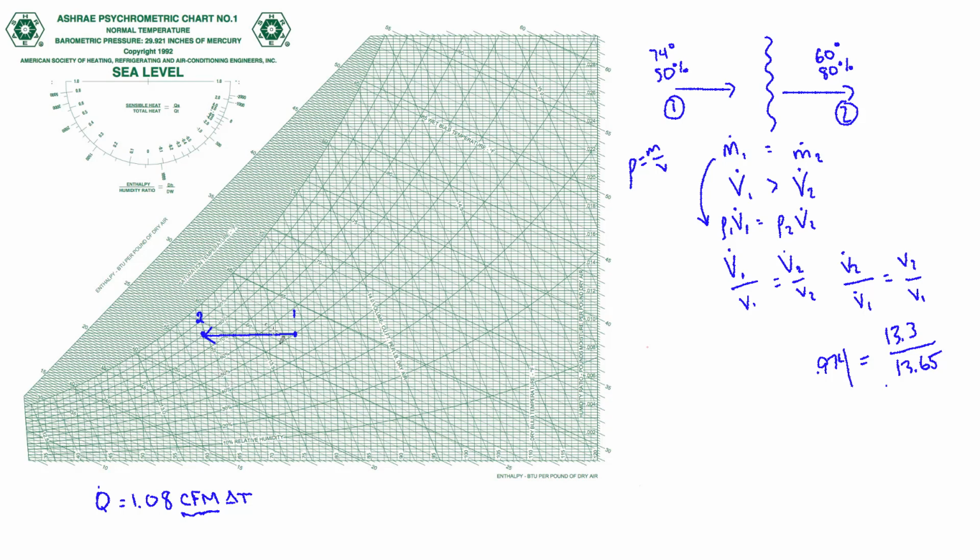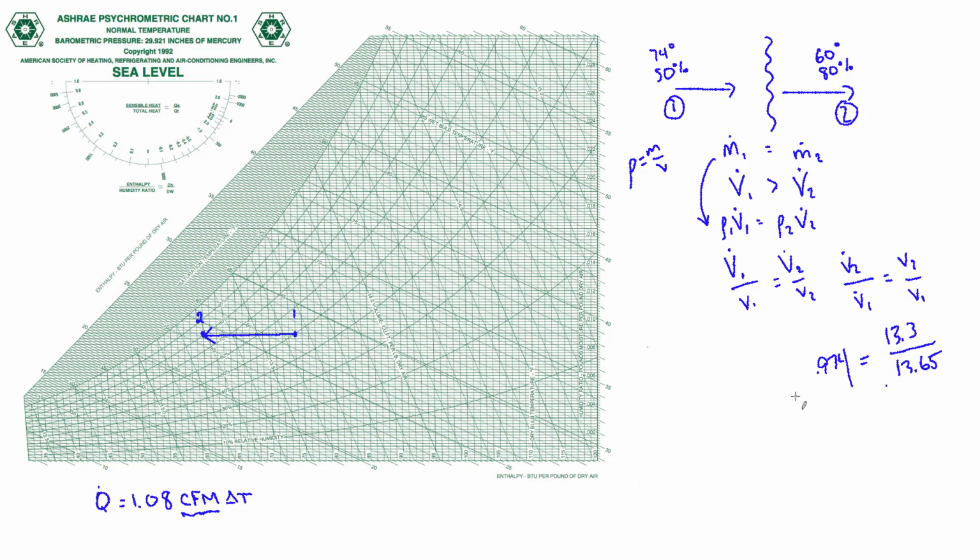So if the problem statement tells you the volume flow rate entering a coil is 10,000 CFM, then you should use it for V1. If they tell you the volume flow rate leaving the coil is 10,000 CFM, then that tells you the volume flow rate entering the coil is probably slightly more, maybe 2.5% more.